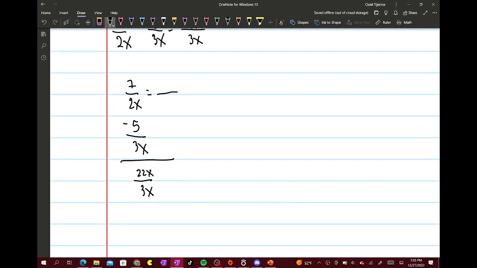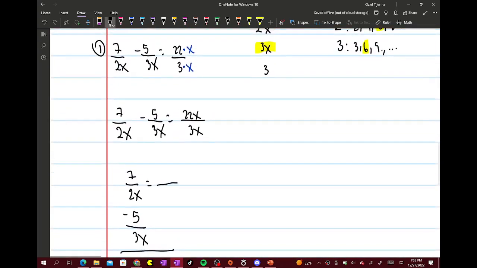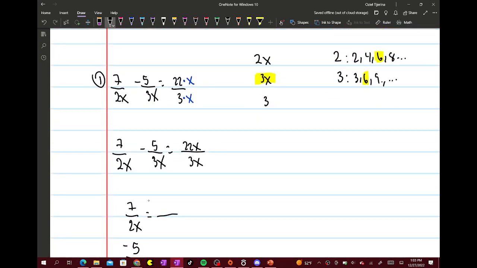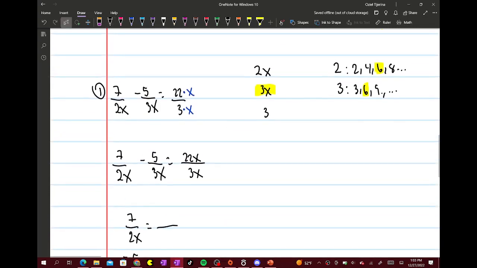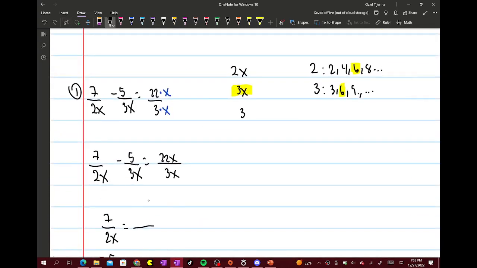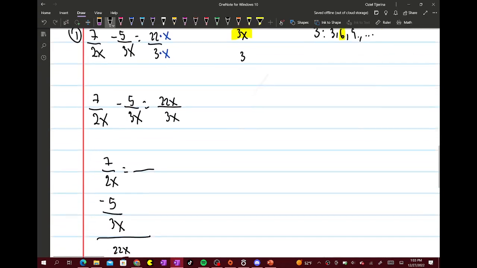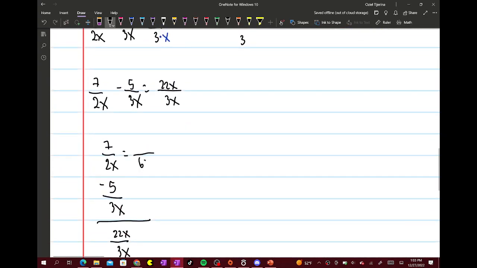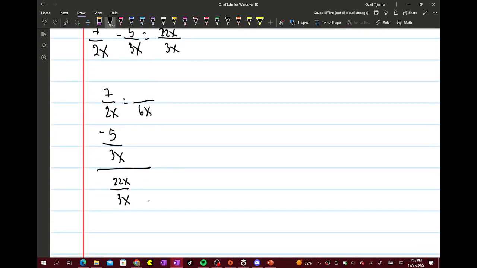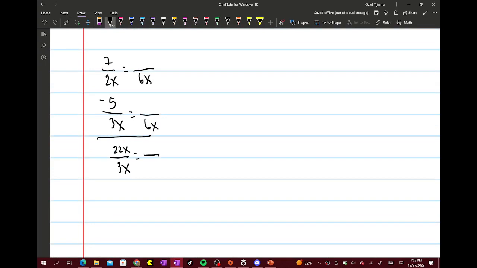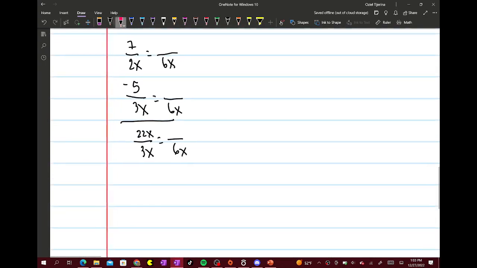Obviously, we know that they all have to have a common term of 6 and then a common term of x, so it'll be 6x like this. All of these are going to be set equal to 6x on the bottom. To get from 2x to 6x, we multiply by 3.